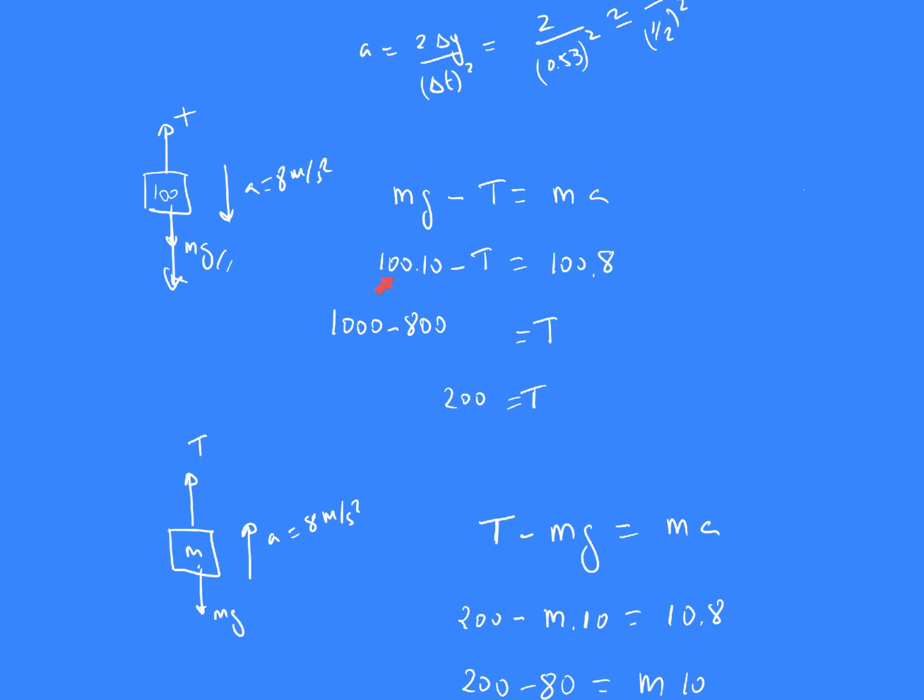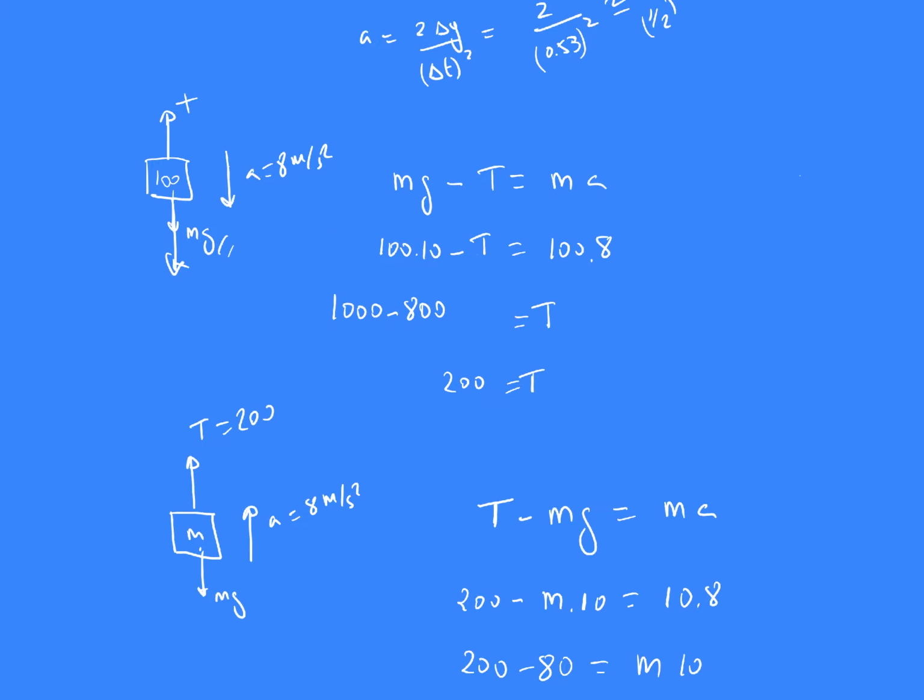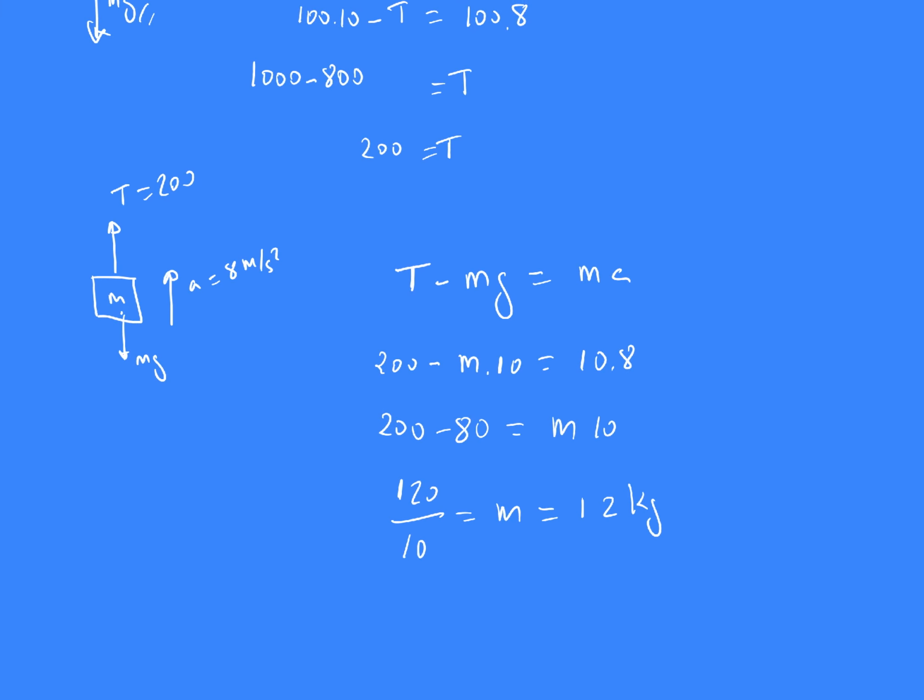Mg, 100 kilograms by 10 for g, minus T equals mass 100 by 8. So it's 800. So the tension is 200. So I found this tension on little m, because on little m the tension is the same, pulling it up.